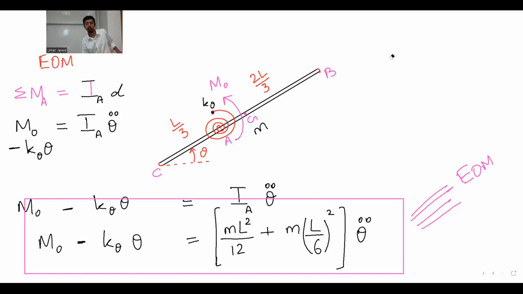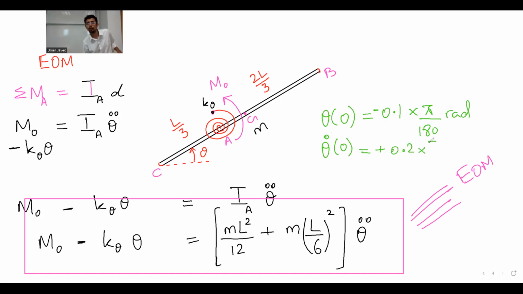But 2 possible initial conditions will be theta at 0. So let's say you are giving it clockwise 0.1 into pi by 180 radians. And you are also planning to give an initial, let's say, counterclockwise 0.2 into pi by 180 rad.